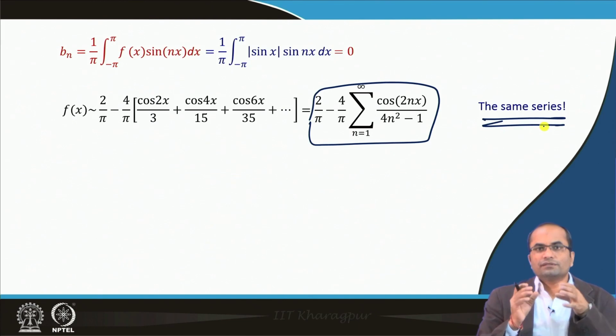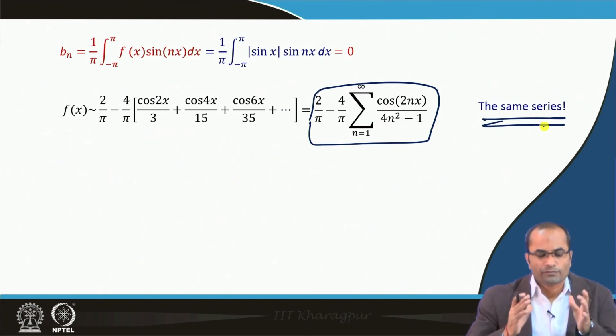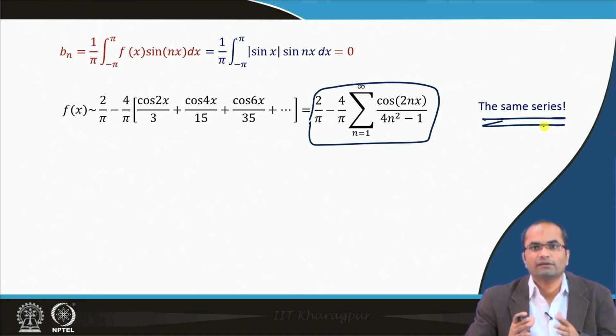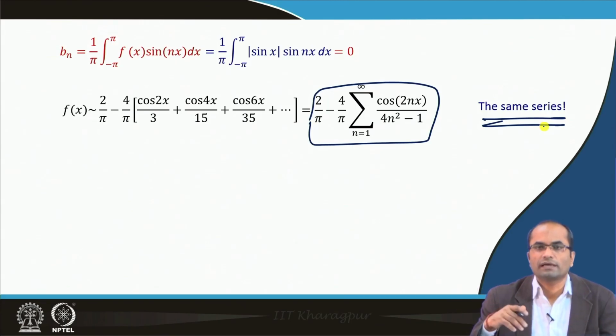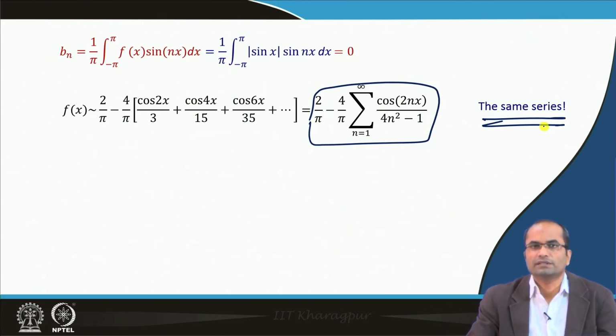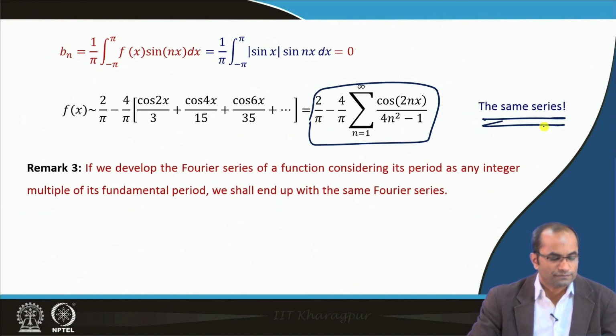So, we have considered two cases here. Once we have taken the function as π periodic, and then we have taken this function as 2π periodic, and at the end we have observed that we are getting the same Fourier series, which is very much expected, because changing this period is not changing the behavior of the function, it is just taking the extra length with having this repeated behavior of the function.